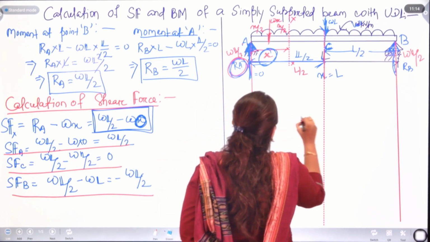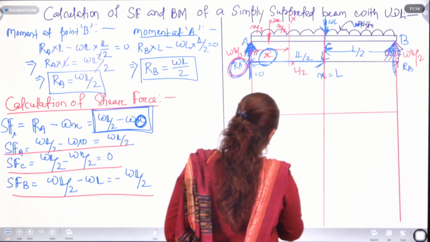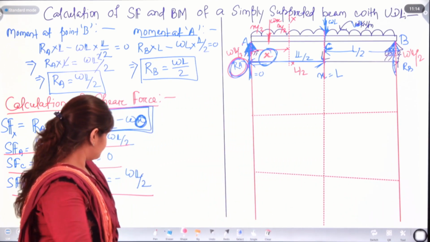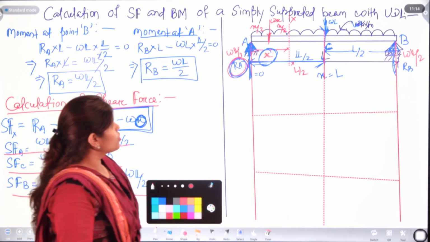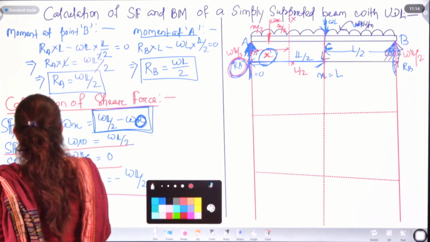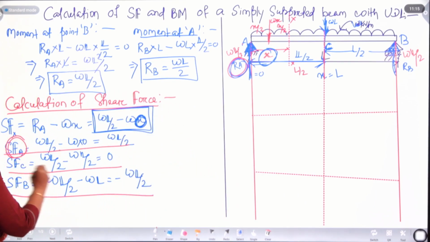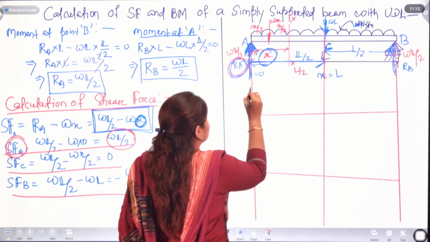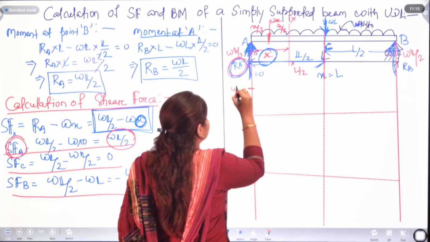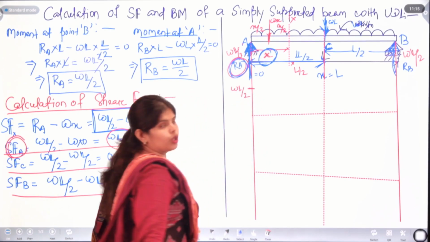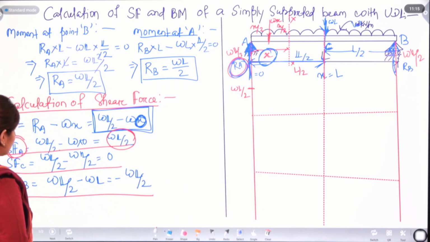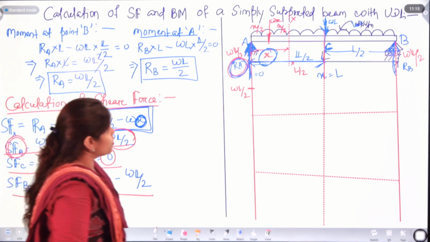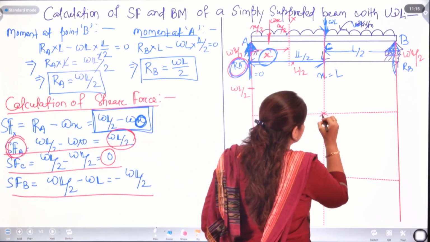To draw the SFD. Okay. So we have shear force at point A as WL by 2. Okay, in positive sign. So here it will be WL by 2. Okay. And shear force at C is going to be what? 0.